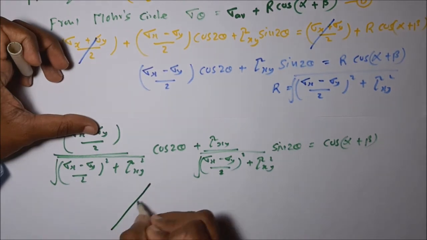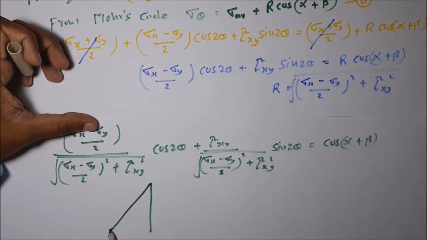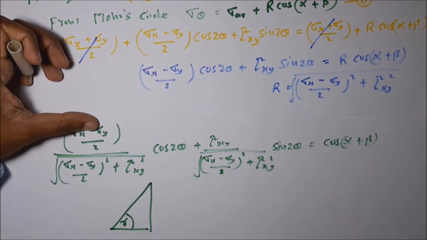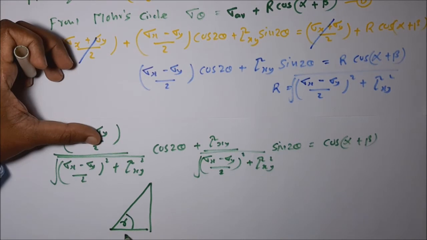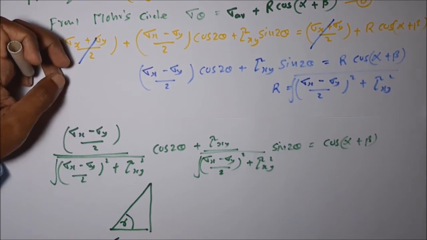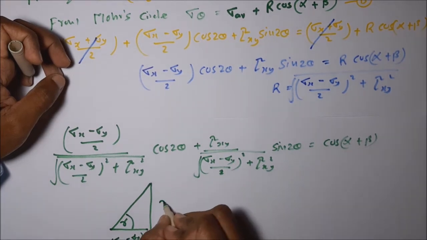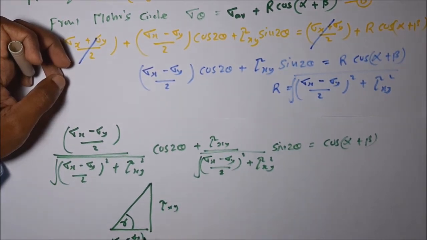If we take this kind of triangle, we can represent this angle. Let's take this one as gamma. If this side is sigma x minus sigma y divided by 2, then this is tau xy.